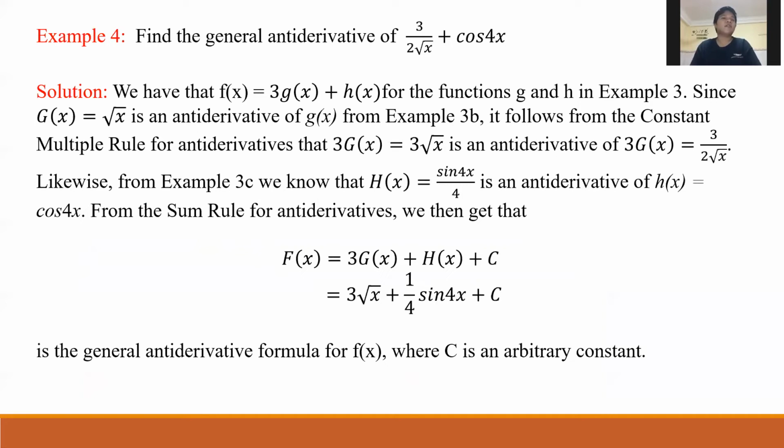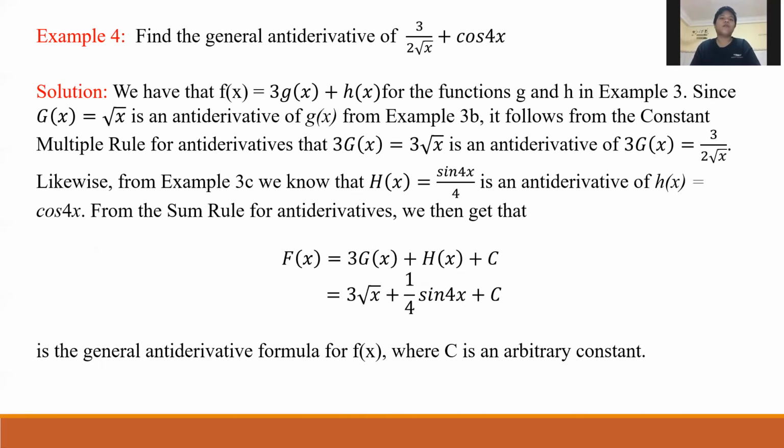Since g of h equal to square root of h is an antiderivative of g of h from example 3b, it follows from the constant multiple rule for antiderivatives that 3g of h equal to 3 square root of h is an antiderivative of 3g of h equal to 3 over 2 multiplied by square root of h. Likewise, from example 3c, we know that h of h equal to sine of 4h over 4 is an antiderivative of h of h equal to cosine of 4h.